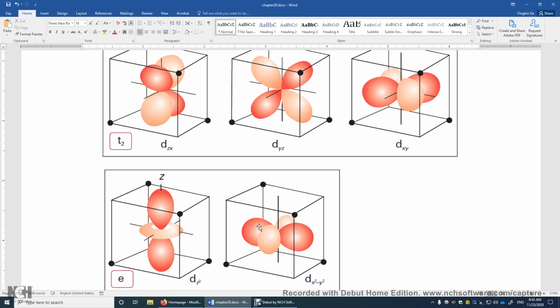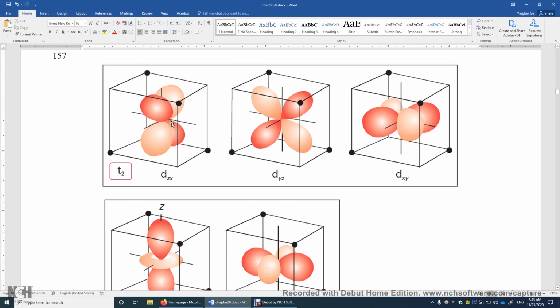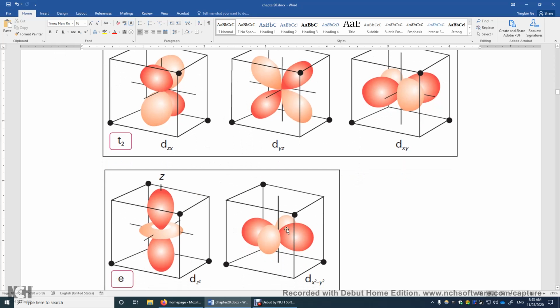Now, in a tetrahedral complex, that's not the situation. These 3 orbitals have higher energy because their lobes are closer to the negative charges. But I want to point this out: their lobes are not pointing directly to the negative charges. So the energy splitting between these T2 orbitals and these E orbitals is smaller, or even much smaller than the splitting in an octahedral complex. In an octahedral complex, we use delta O for the splitting. Here, delta T.